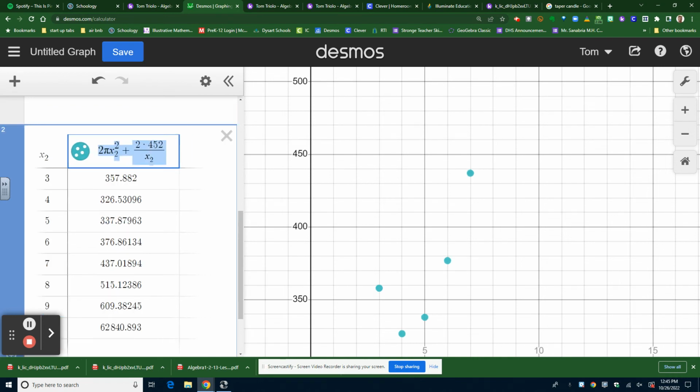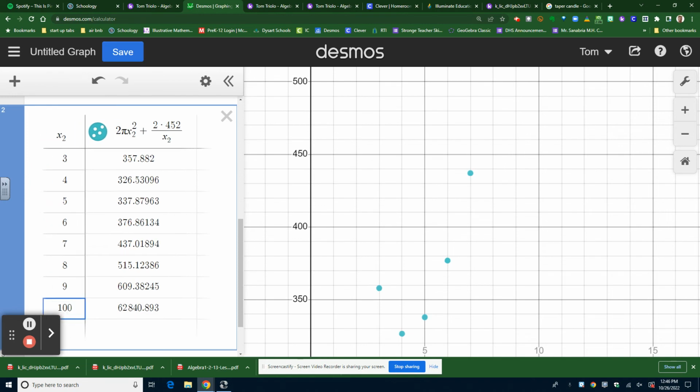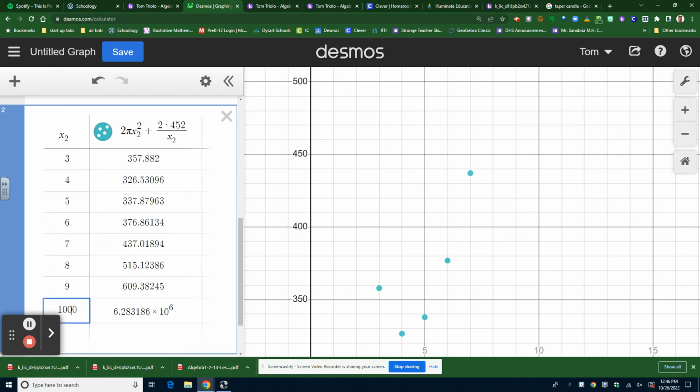What's happening with my squared? I'm taking a big number and squaring it. That makes it huge. And then I'm taking 2 times 452, which is 904, and dividing it by that same number. That's not going to be that much of a difference. So if I change this to even bigger numbers, like 1,000, whoa, now you're talking in the millions. So my surface area, theoretically, can be infinite in size.